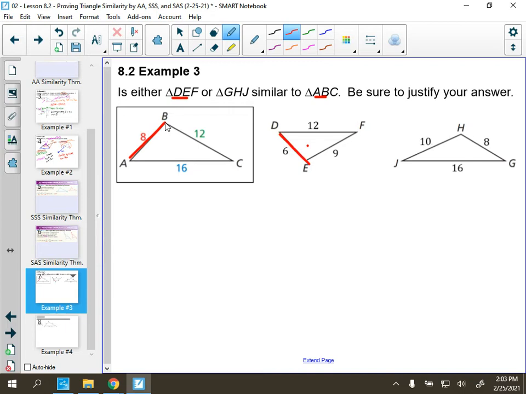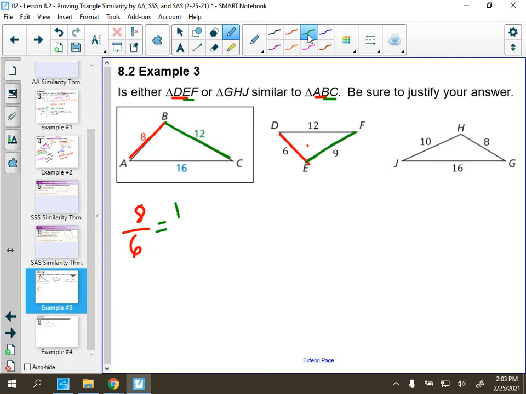So if I take 8 and partner it with the 6, if these triangles truly are similar, that should divide out to be the exact same value as us taking BC, whose partner would be EF. Where's EF? Right here.